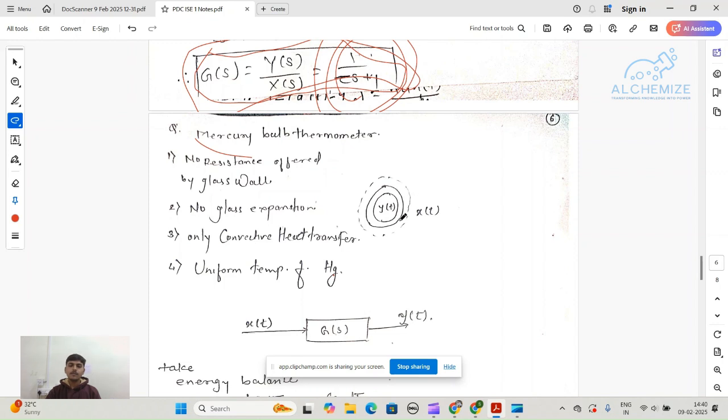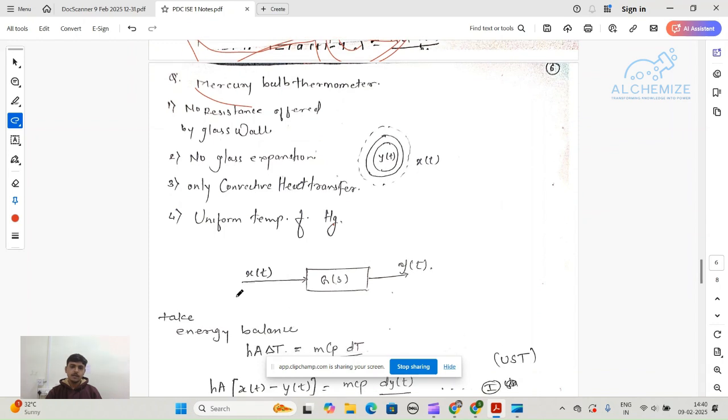The thermometer works on the volume expansion of mercury. So here is the input, that is x of t, the change in temperature of the surroundings, and here the expansion of the mercury is there, and it's a transfer function.